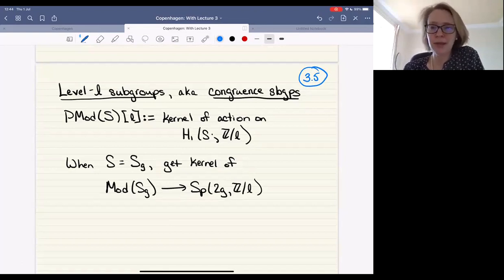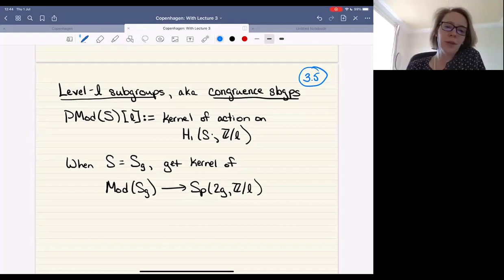This terminology comes out of algebraic geometry, where people refer to things called level L structures. They're also known as the congruence subgroups of the mapping class group. What this is, basically, is you're just looking at the kernel. The mapping class group acts on the first homology of the surface, and we usually just mean with integer coefficients.